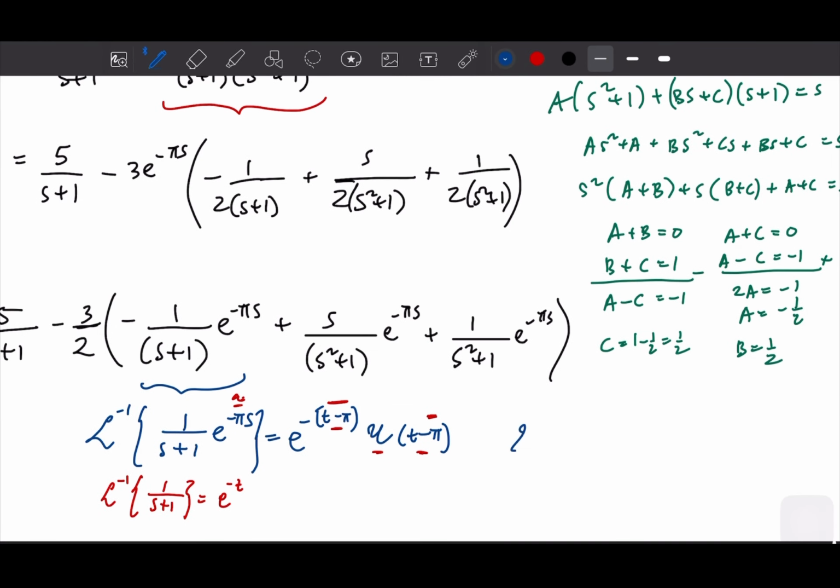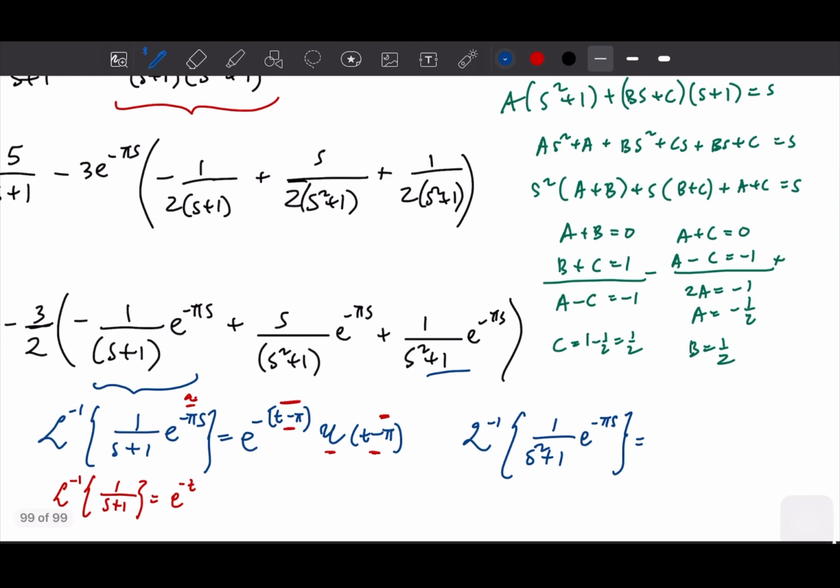And then Laplace inverse of 1 over s squared plus 1 times e^(-πs), this one. This is from sine: for 1 over s squared plus 1, it is sine t, right? So sine, and because of this a, we have t minus π, sine (t minus π), and then Heaviside t minus π.